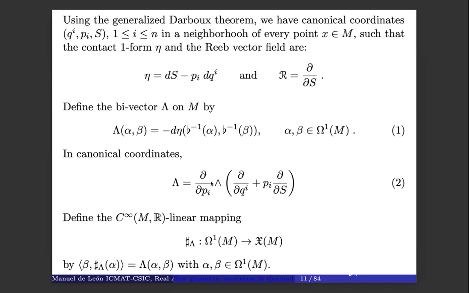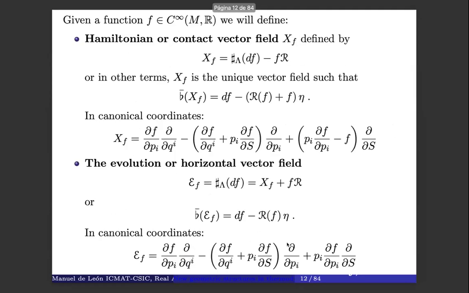We can define a bivector Lambda using just the differential of the contact form, and we can define this mapping from one-forms to vector fields. Even more, given any function, you can construct two different vector fields.